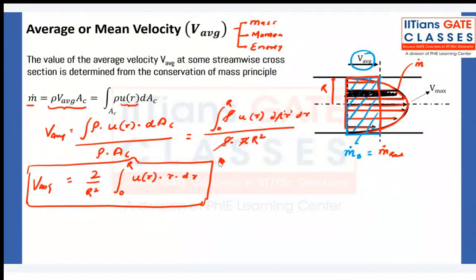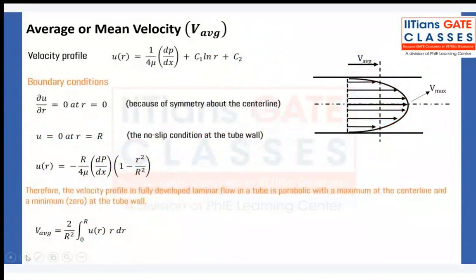Now we will do the same thing. Do you remember what we did in our external flows? How did we define the velocity profile? We solved our continuity equation and our momentum equation. We solved two equations and defined a profile. Similar thing we are going to do here. So we will get a velocity profile like this, and it has two constants, C1 and C2.